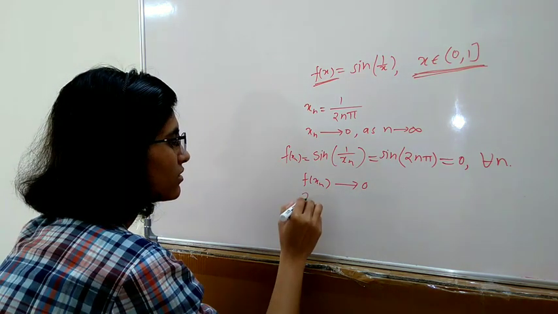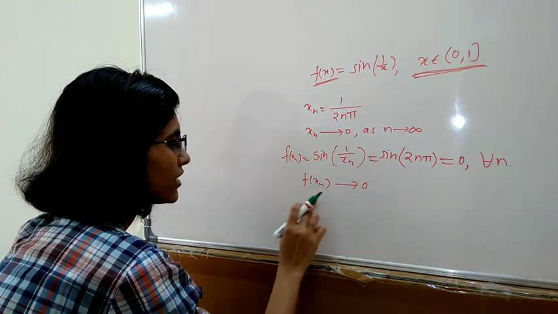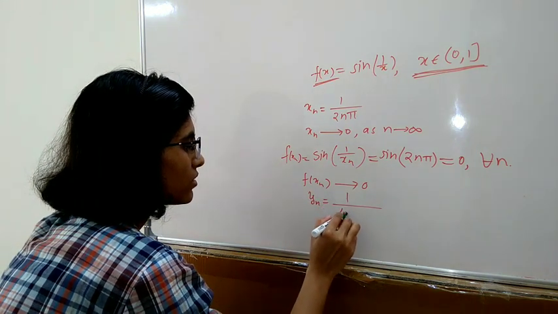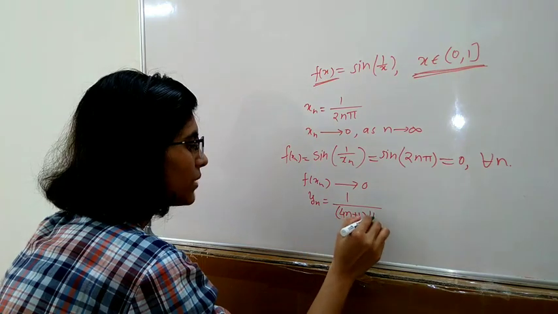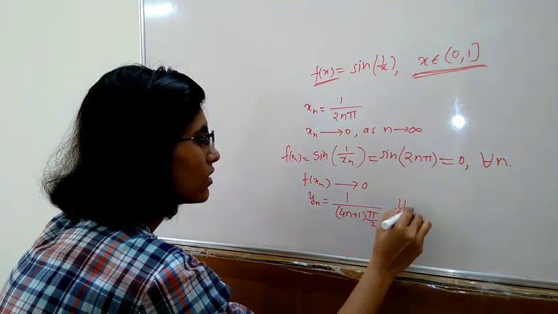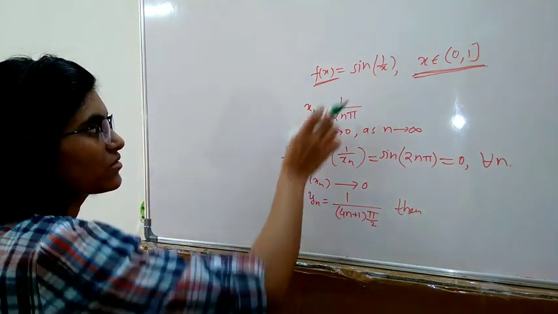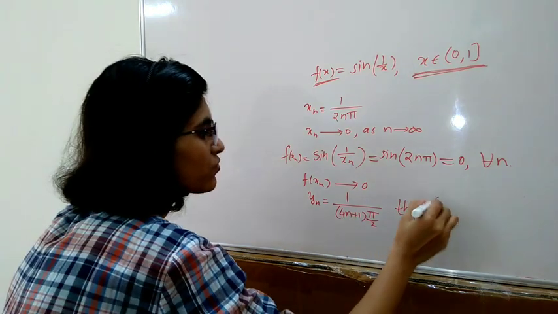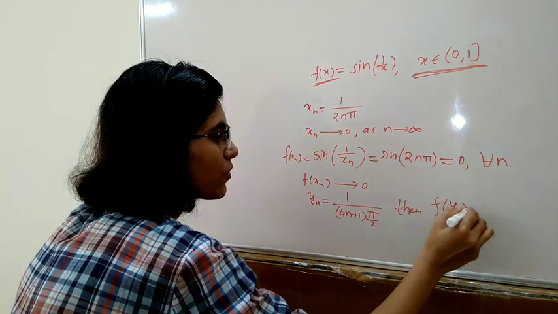Now if you take y_n to be another path, which is equal to 1 by (4n plus 1) times pi by 2, then let us first find f of y_n.